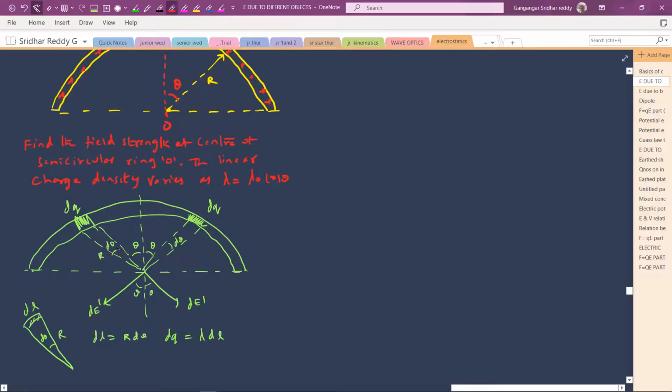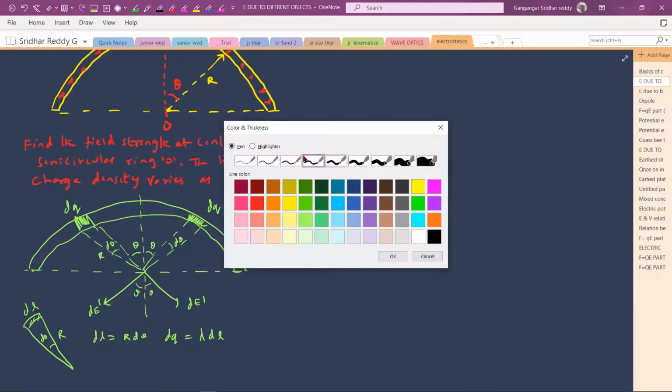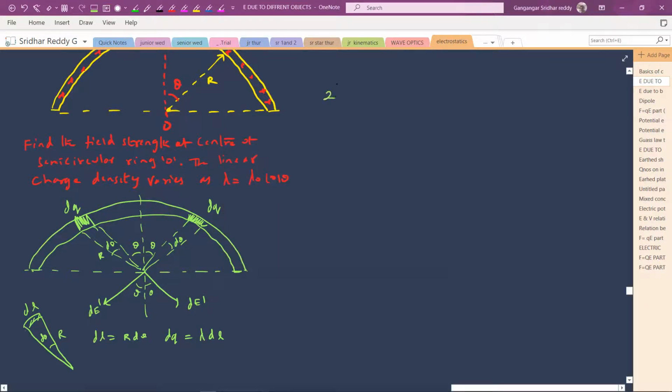Agreed? Now the resultant field should be equal to 2 dE dash cos theta.